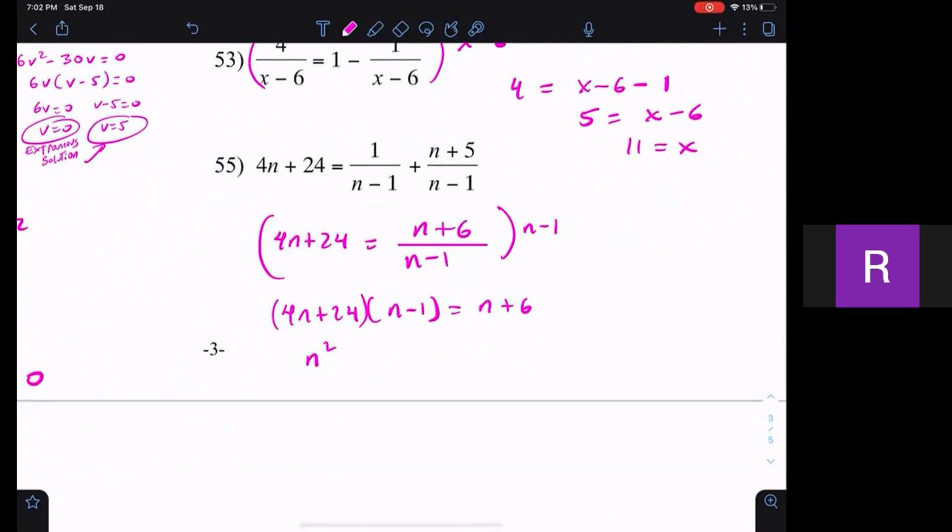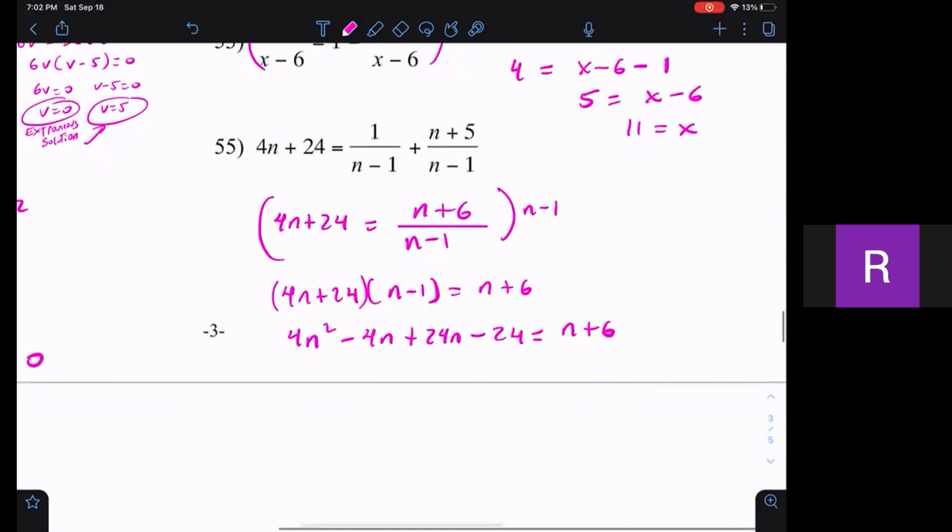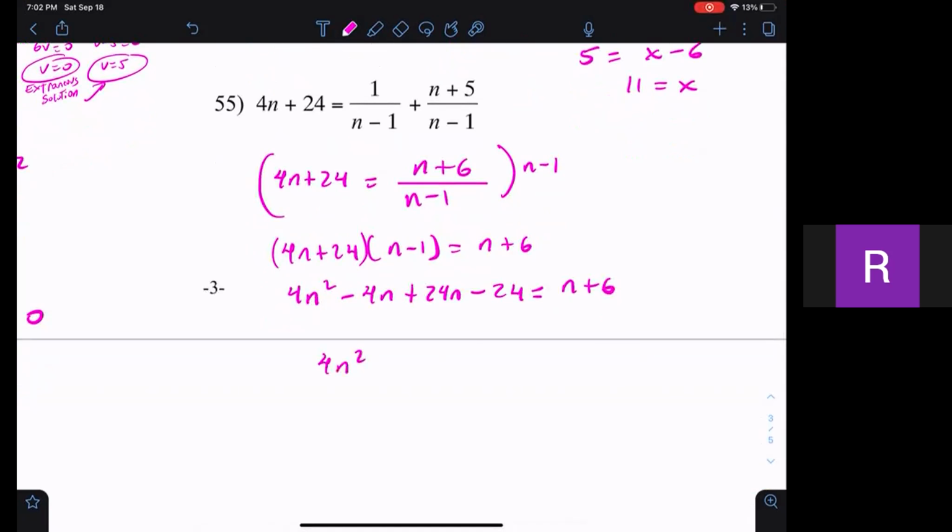So 4n squared minus 4n plus 24n minus 24 equals n plus 6. 4n squared plus 20n minus 24 equals n plus 6. Subtract n and 6 on both sides. So that's going to be 4n squared minus 19n minus 30 equals 0.